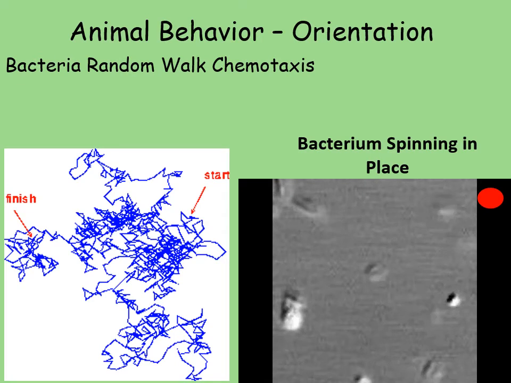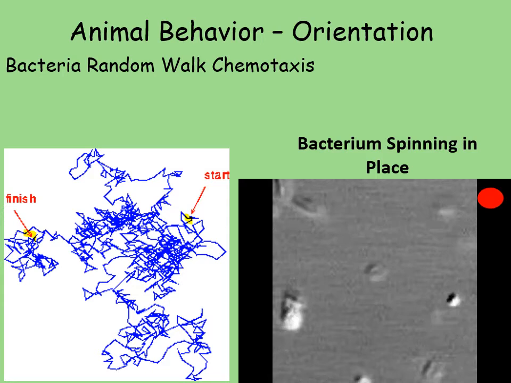So here are some examples of random walk chemotaxis. On the left here, this is a computer program simulating random walk, giving you the starting point and the ending point. As you can see, the bacterial cell is, every few seconds, changing its direction. So it's randomly changing the direction that it moves.